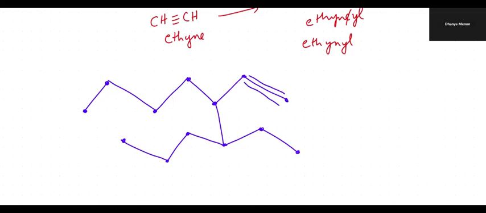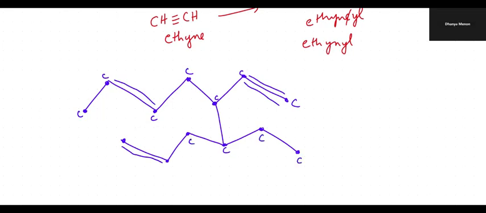And here there's a double bond. Here also there's a double bond. And all these dots are the carbon atoms. So let's write down the carbon atoms. All these are carbon atoms.